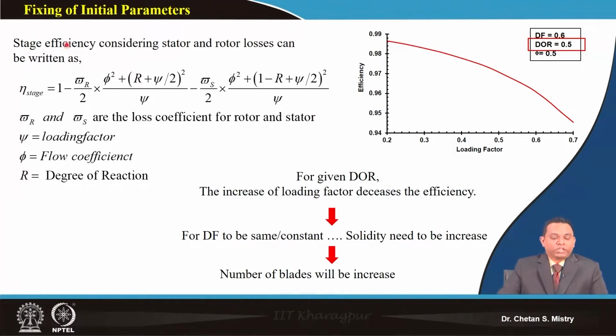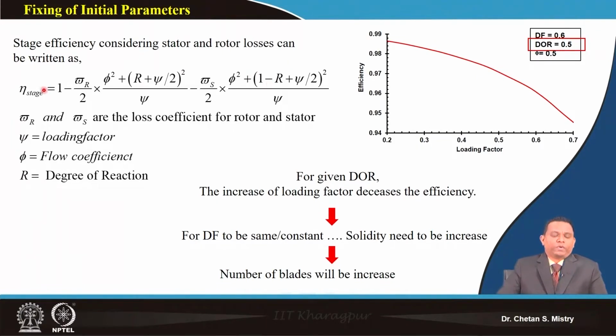Okay, so stage efficiency is mainly defined as 1 minus the loss coefficient in rotor, which correlates my flow coefficient, degree of reaction and stage loading coefficient, and this represents the loss factor in stator, and this.